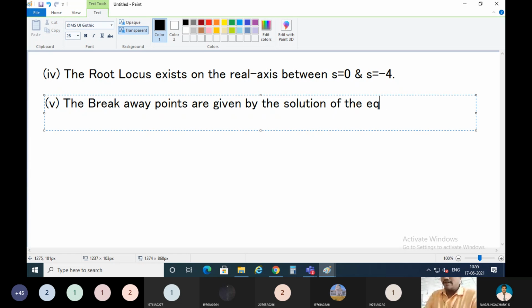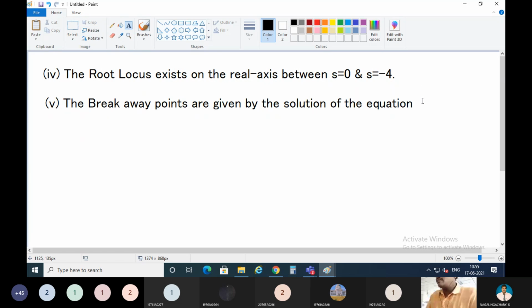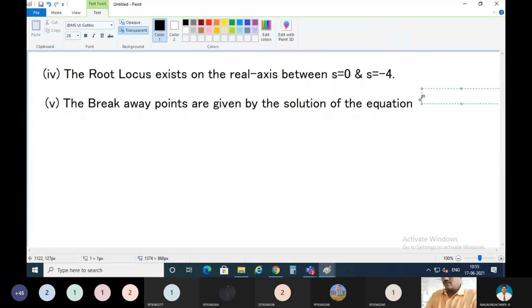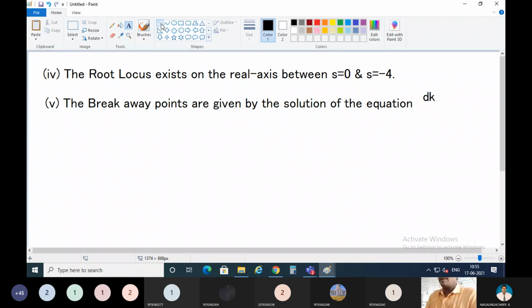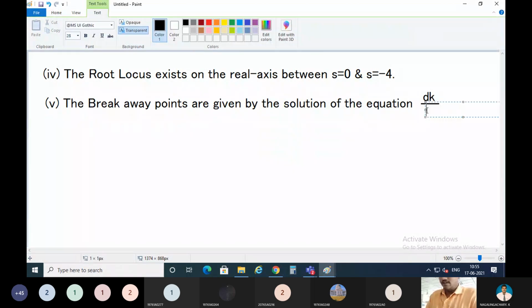dk by ds equal to 0. You already know the procedure.